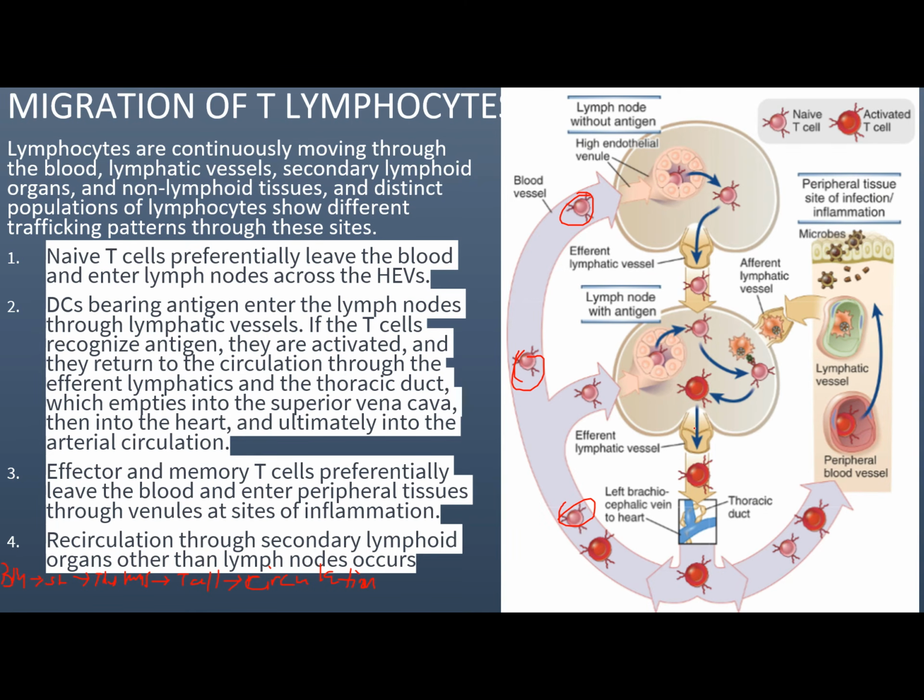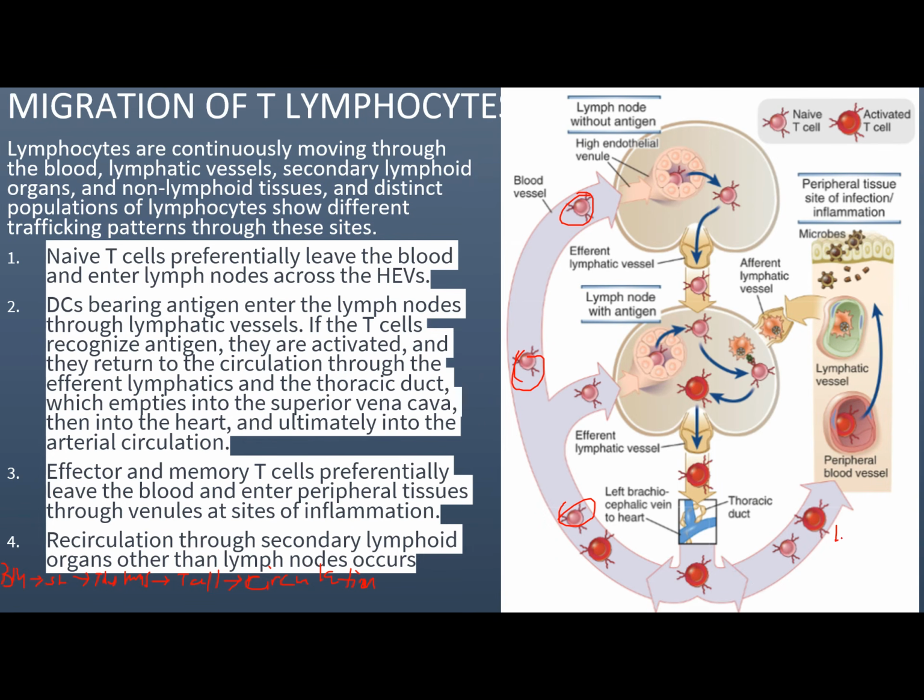Now, once it's activated, it would leave the lymph vessel through the efferent lymphatic vessel, to the thoracic duct, emptying into the superior vena cava of the heart, leading again back to the arterial circulation, then going to the peripheral circulation.